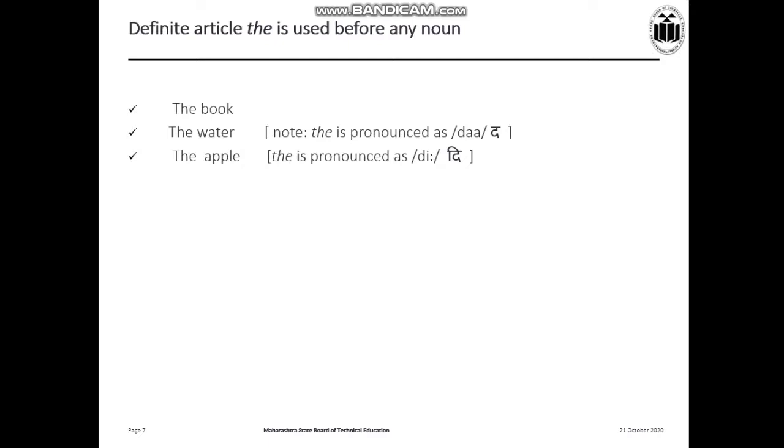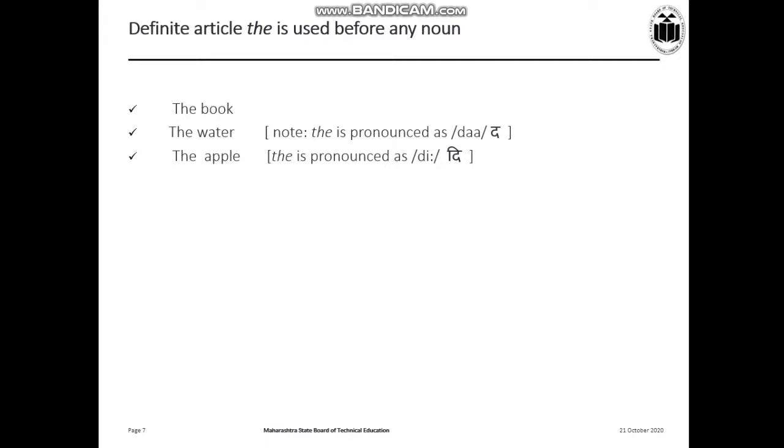But remember one thing, whenever you are using the in front of a word which begins with a consonant sound, in such situations we have to use the water, the book. But if there is a word which begins with a vowel sound, in such situations we have to pronounce it as thee, not the. So in front of a vowel sound, we pronounce it as thee, and in front of a consonant sound, we pronounce it as the.